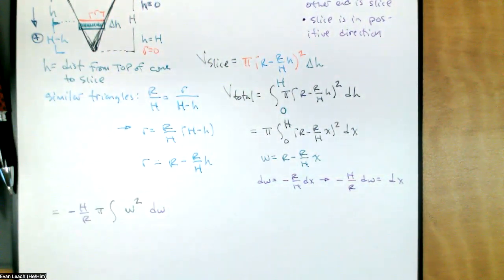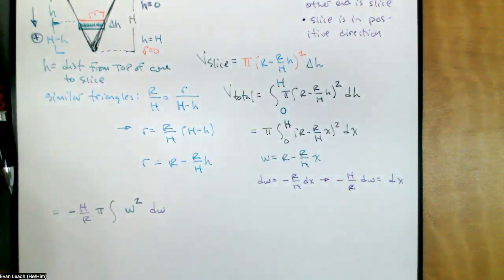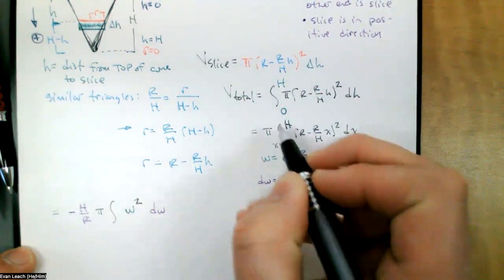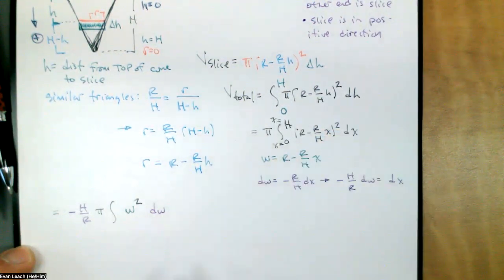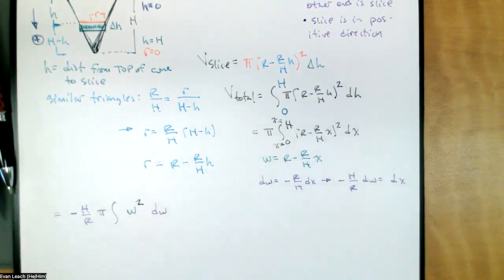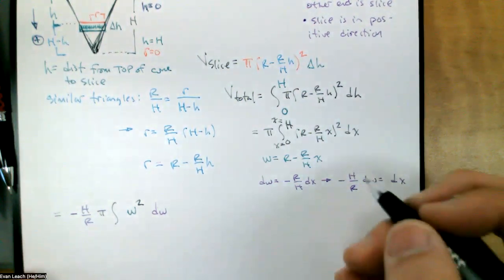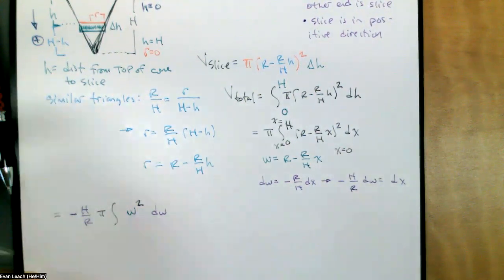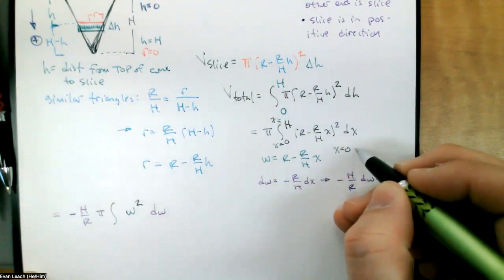The point that I want to make here is that the integral from 0 to h that we're looking at is an x integral. This is where x equals 0 to x equals h. So I can't just write the integral from 0 to h because those are x's and all the x's need to be replaced. If x is equal to 0, that means that w is going to be equal to r.